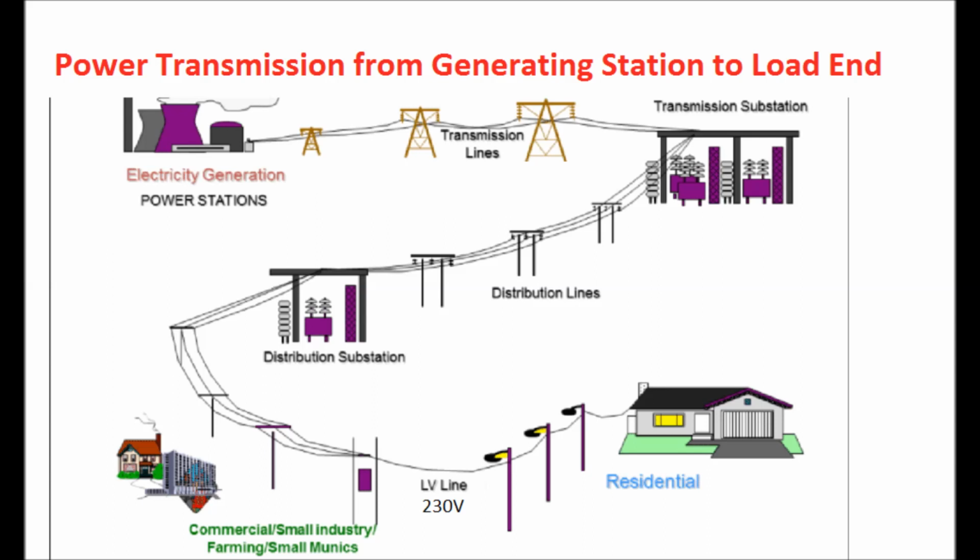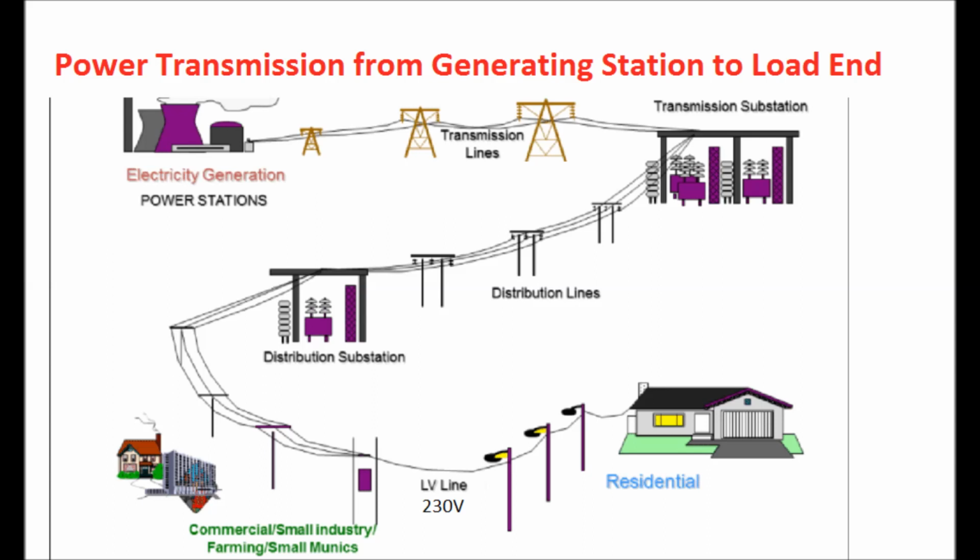For household purposes, the voltage is stepped down to 415 volt, and from that single phase supply is taken, or for some commercial buildings, three phase supply may be used. So this is how the power is transmitted from the generating station to the load end.